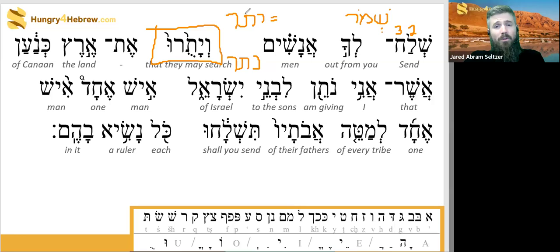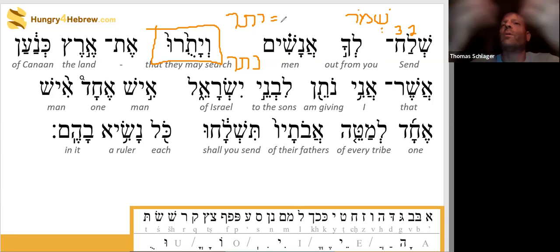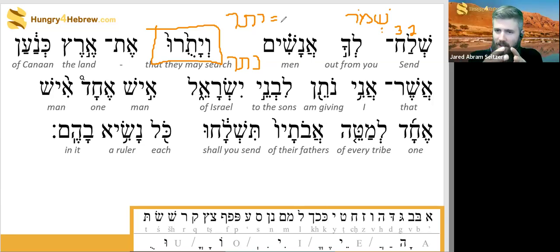There is a root yod tav resh, and it's the same root as a very common Hebrew word, especially in modern Hebrew: yoter, more. It actually means to jut out or be excessive. So yoter is more, exactly. But that's not this root.